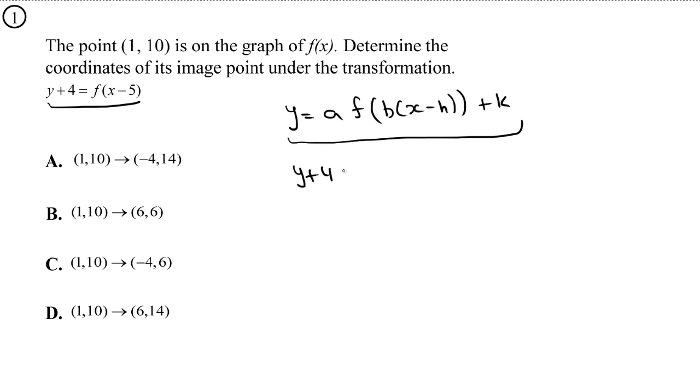So y + 4 = f(x − 5). That's what we're given. To make it look like the general form, we have to get this 4 to the other side, so it matches up with this k. So y = f(x − 5) − 4.